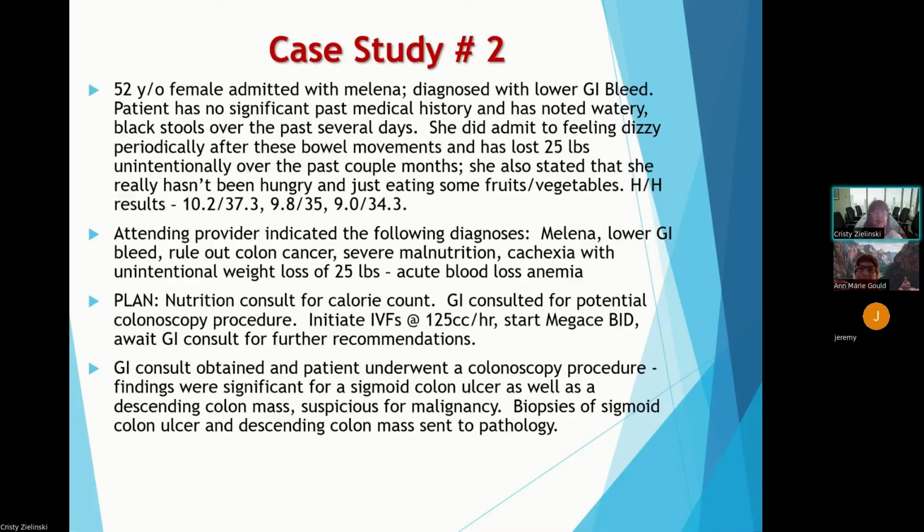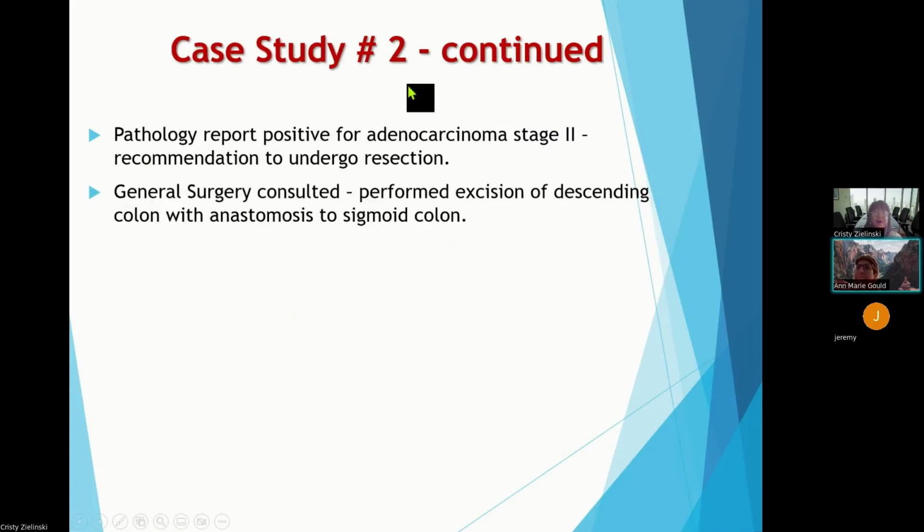So they did not give any blood transfusion or iron, or it's not documented here. So you want to make sure that it is a surgical cure, a surgical care. You know what I mean?